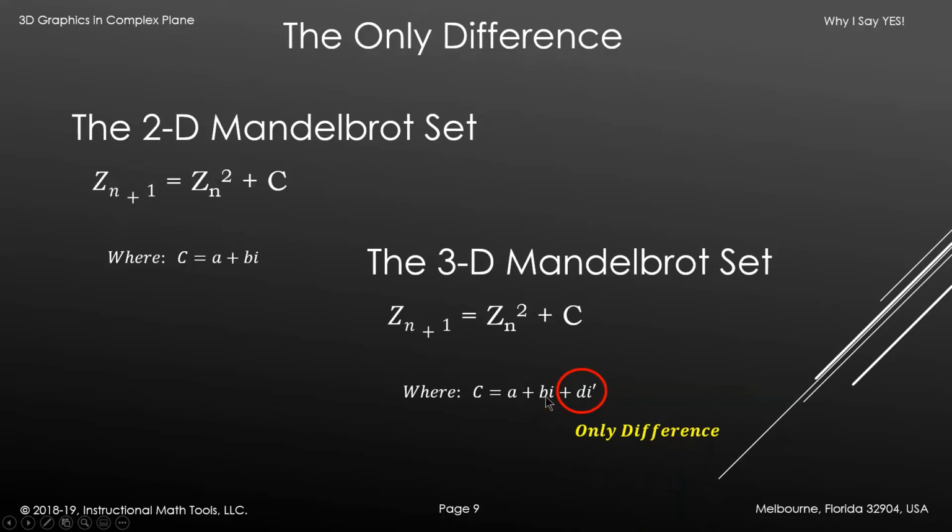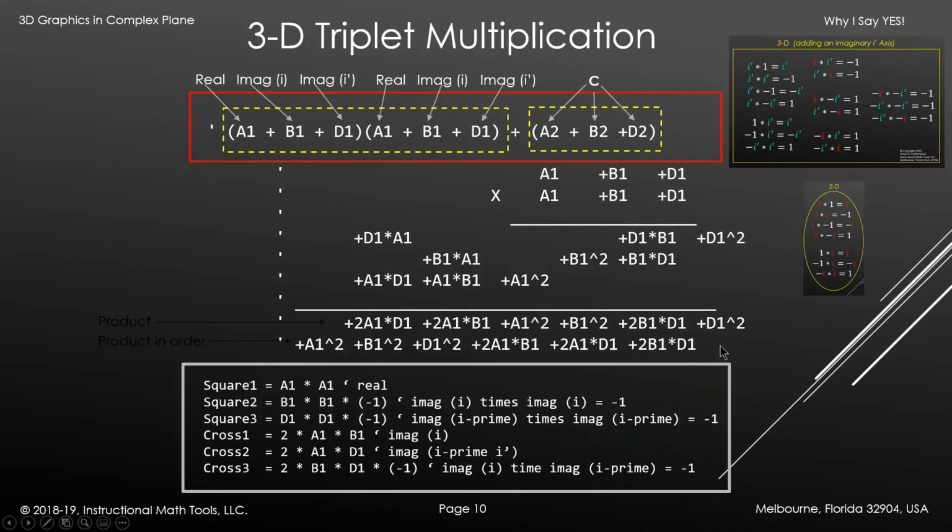And of course, when you add a DI prime, you necessitate triplet multiplication. What does that mean? 3D triplet multiplication, when you multiply this 3D point plus this 3D point plus C, which is the Mandelbrot recursive equation expanded to support 3D, you get this kind of thing.